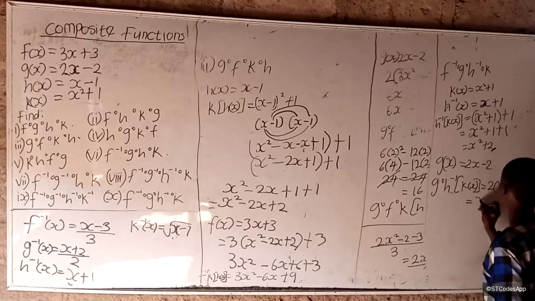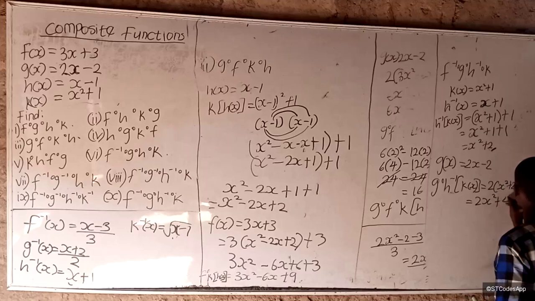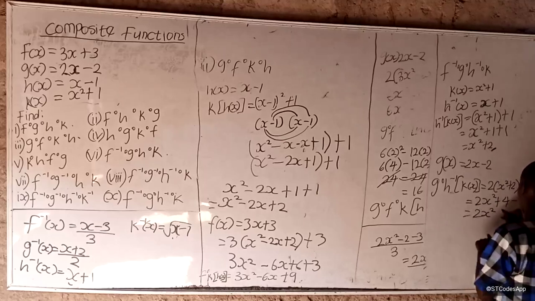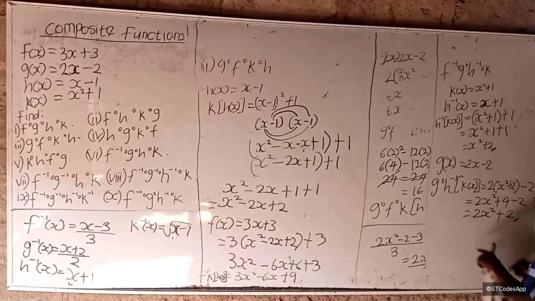Doing the math, we have 2x squared plus 4 minus 2, which will eventually give us 2x squared plus 2. So this is our value for g of h inverse of k of x.